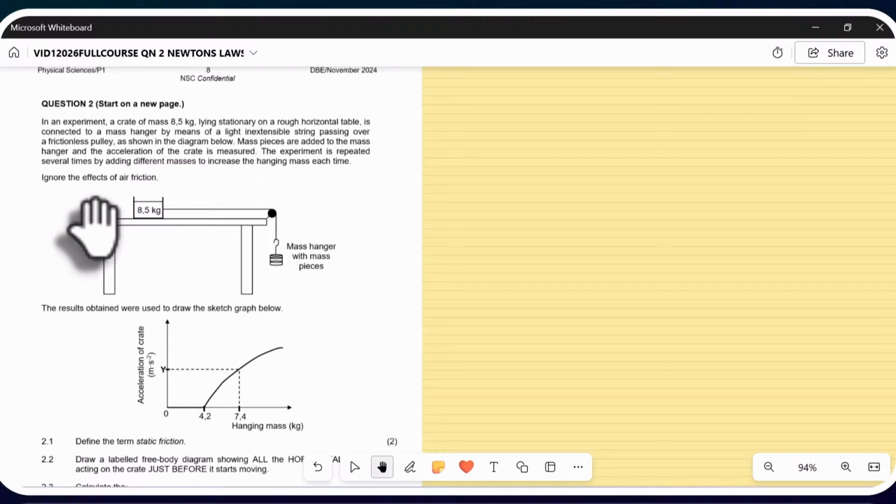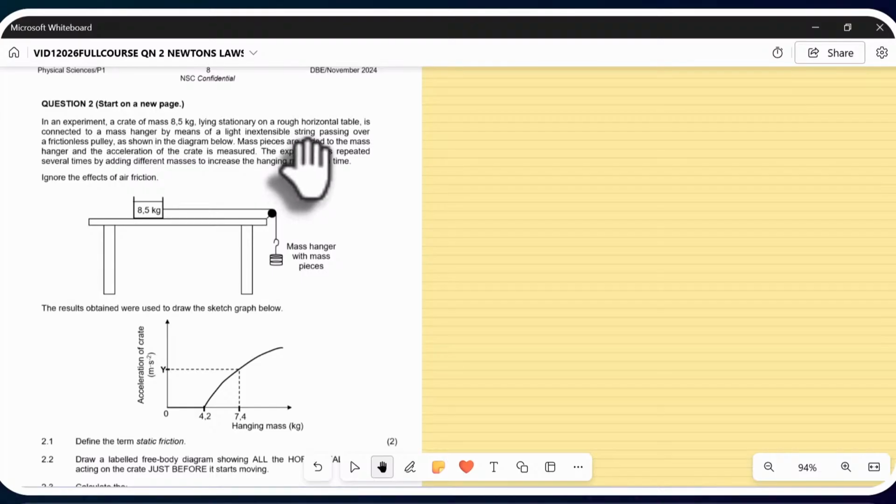One more time. In an experiment, a crate of mass 8.5 kg lying stationary on a rough horizontal table is connected to a mass hanger by means of a light inextensible string. Inextensible means that the tension is constant.